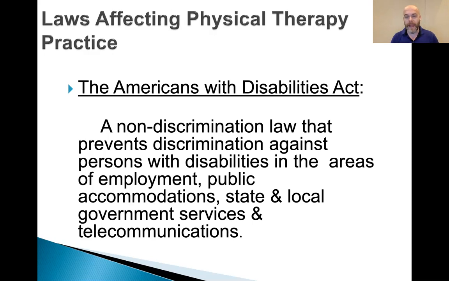If you didn't have these before the act, you were just grandfathered in because the building was already built. But now any building that's built, hotels, apartments, federal buildings, state buildings, they have to have perfectly fine and safe access for those with disabilities and in wheelchairs.